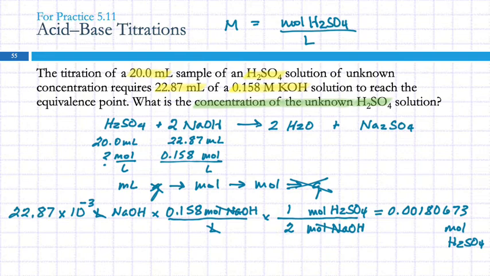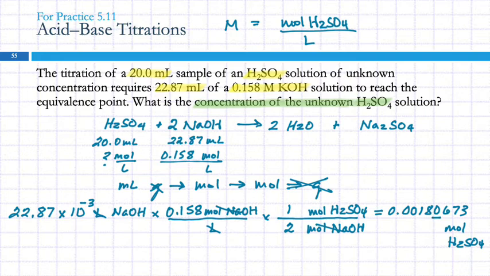Mole ratios are exact, so we don't need to think about them. It's important to remember that leading zeros don't count. If you find yourself rounding something to what you think is the correct number of significant figures and you end up with 0, you're probably doing it wrong. It's really easy to do. So we're not going to count the zeros. We're going to count the 1, the 8, and this next 0.